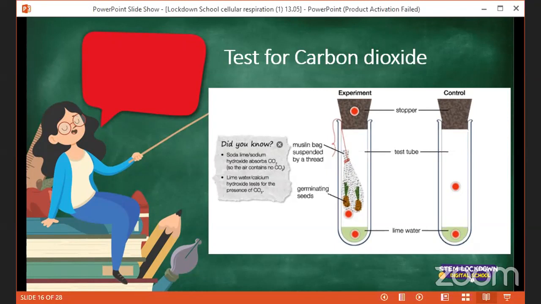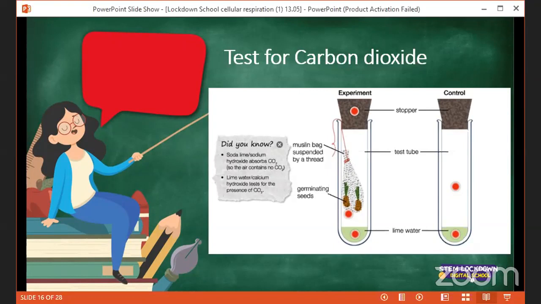And then we have another bullet there which says lime water or calcium hydroxide tests for the presence of carbon dioxide. So that is very much important to note. If you guys also remember, we also used lime water or calcium hydroxide when we were testing for carbon dioxide during photosynthesis.